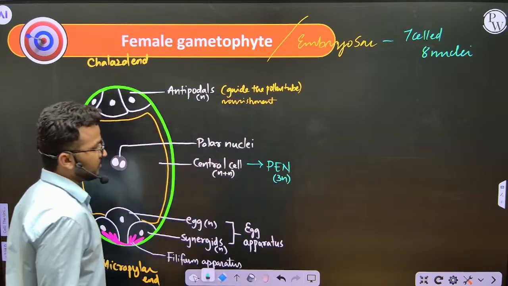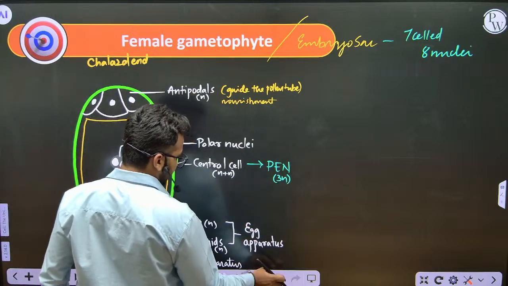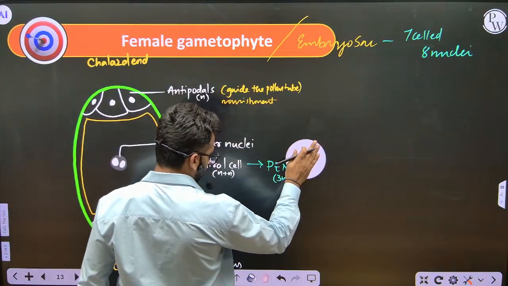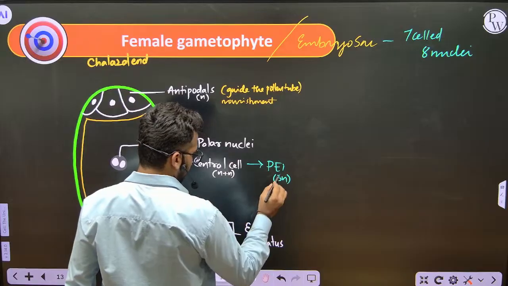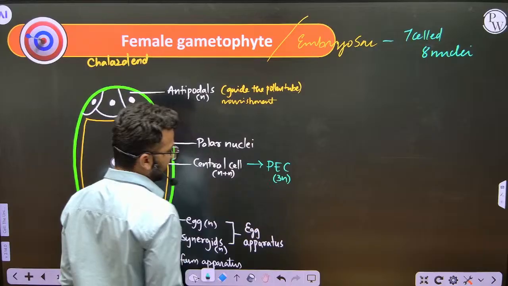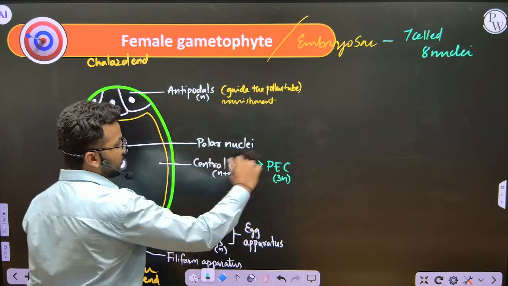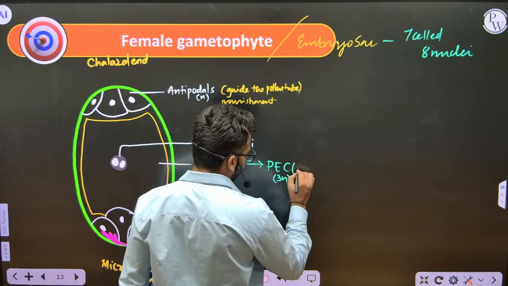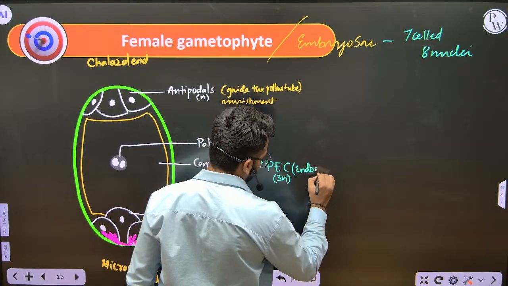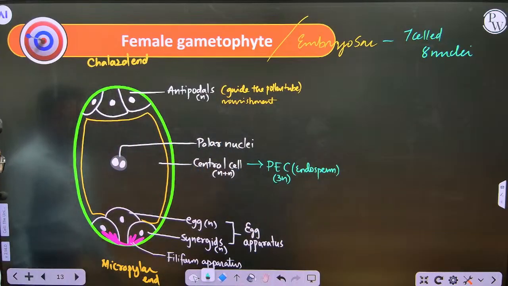Primary endosperm cell, PEC, you can also call it, is triploid. So it is going to form endosperm after fertilization.